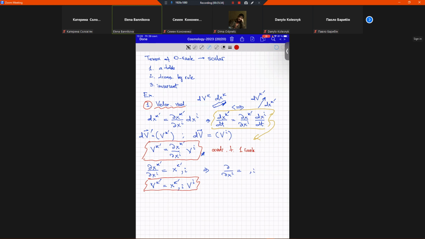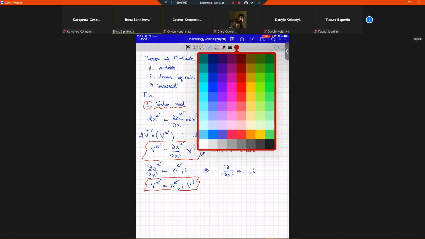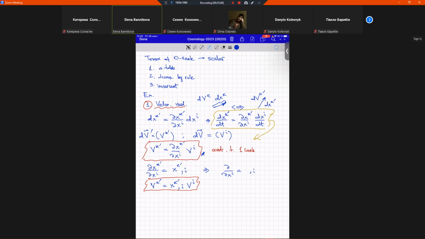Now we can consider other things. Let's consider the gradient, the second example. Take some scalar function f, which depends on coordinates, and in the prime system it will be x_k prime.